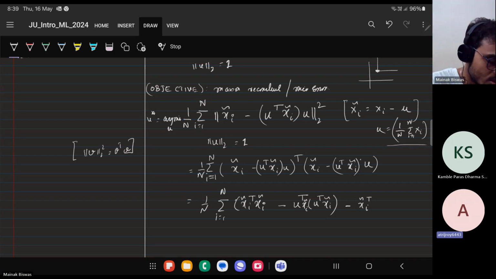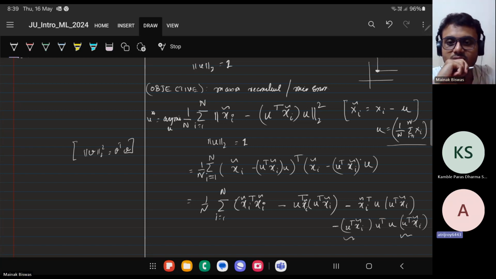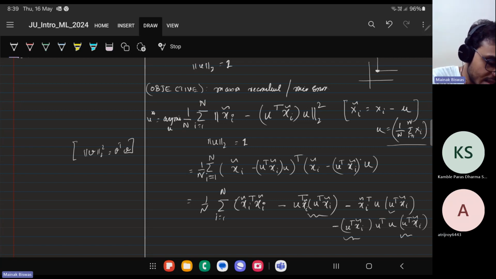Then we have xi tilde transpose u times u transpose xi tilde, and the last term is u transpose xi tilde u transpose u transpose xi tilde, right? Scalars I can write anywhere. These are single numbers, so I don't mind changing them. A transpose B, I can swap around. That's the idea.